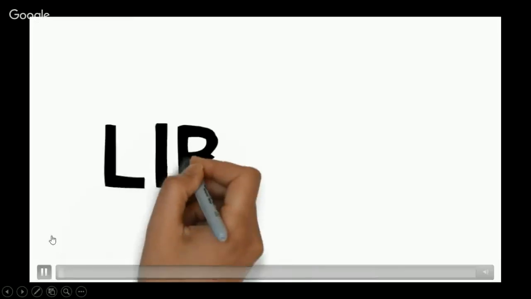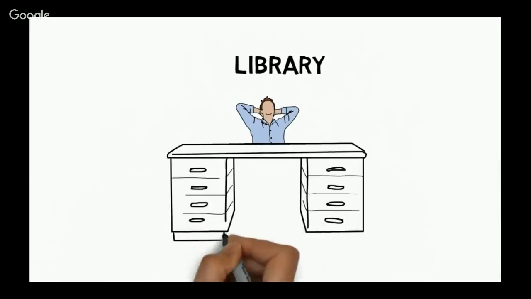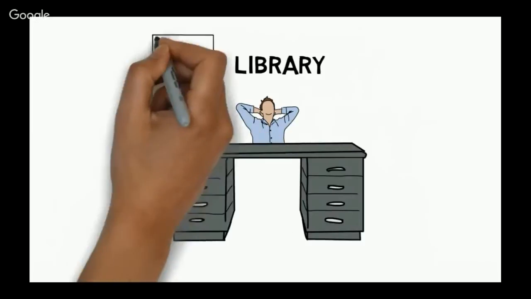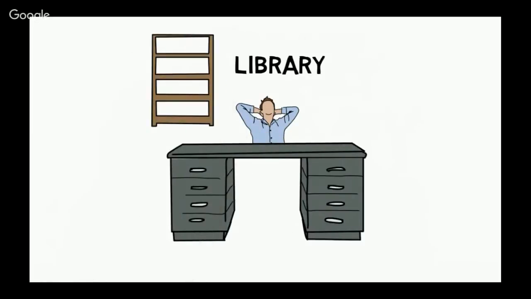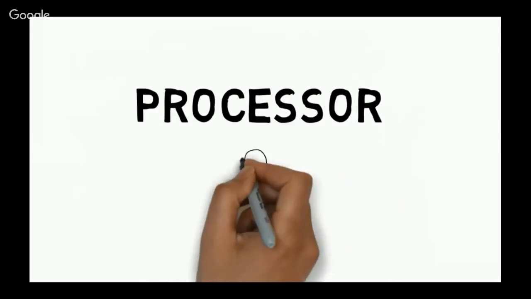So if you can imagine a library, and in that library you have a person sitting at a desk, you have the desk, and then you have a bookshelf in the background. So in this scenario, the processor would be the person sitting at the desk.